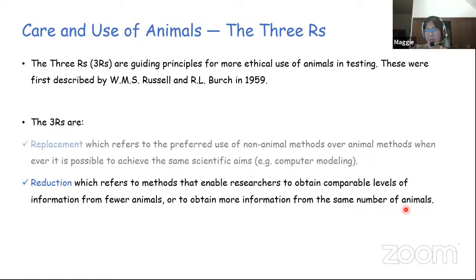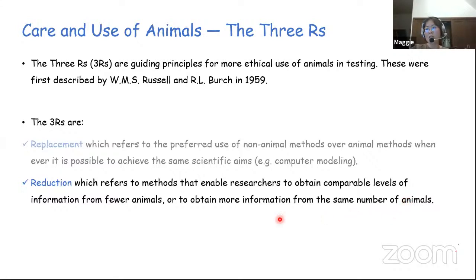What does that mean? For example, if I work on diabetic complications, as we all know, diabetes can induce injury in the heart, in the eye, and in the kidney, right? So when I develop the diabetic model in mice, I can collect all of these eyes, hearts, and kidneys.